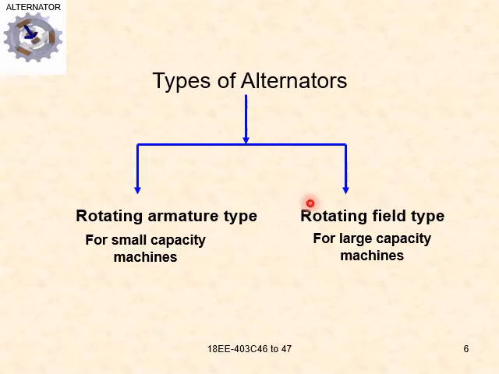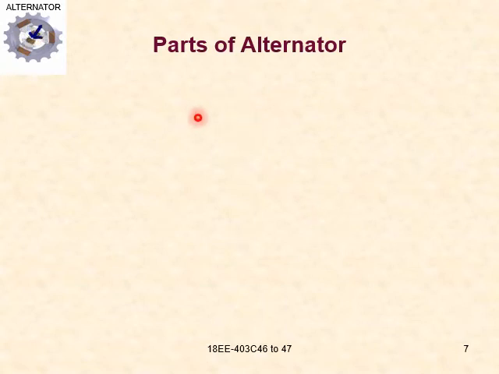All the thermal power stations all over the world use rotating field type alternators. Now we'll move on to the parts of alternator. What is an actual alternator? An alternator is also called an AC generator.